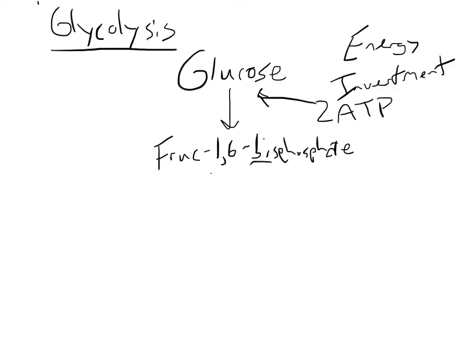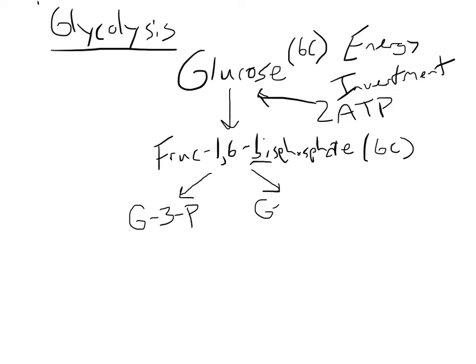Okay, so as soon as that happens, this fructose 1,6-bisphosphate, which at this point still has 6 carbons, just like the glucose started with, is going to be able to break into 2 molecules of glyceraldehyde 3-phosphate, which we abbreviated G3P. I think if I try to write that out, I'm going to run off my iPad. So we've now got 2 molecules of G3P. The last step of glycolysis is to convert both of those G3Ps into pyruvate.